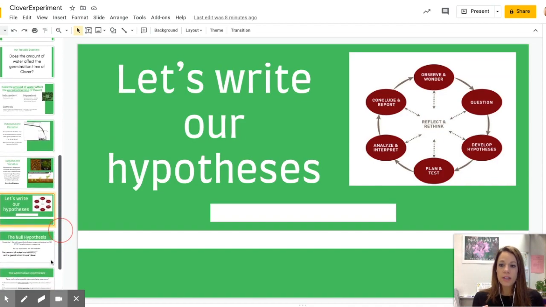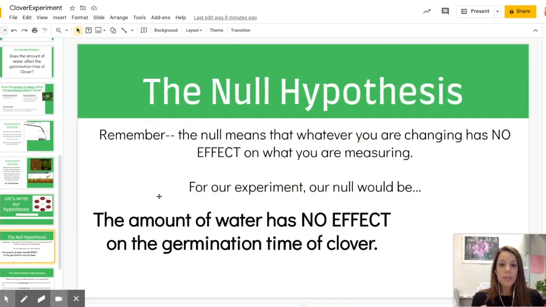So for hypotheses, our null means that whatever I'm changing has no effect on whatever I'm measuring. For this experiment, what we're testing is amount of water. Our null hypothesis would be that no matter how much water I put on each plant, that does not affect the germination time of the clover.